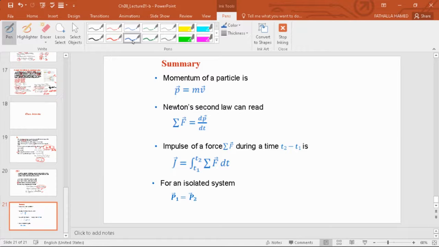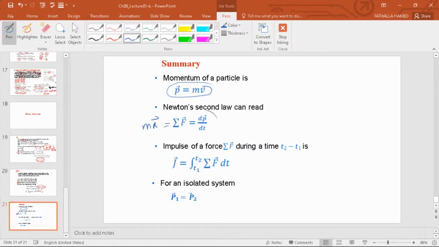So in summary here, we defined momentum, and we said that momentum is related to mass and velocity, and it is equal to mv. That enabled us to write Newton's second law in a different form. We know that it is equal to ma.